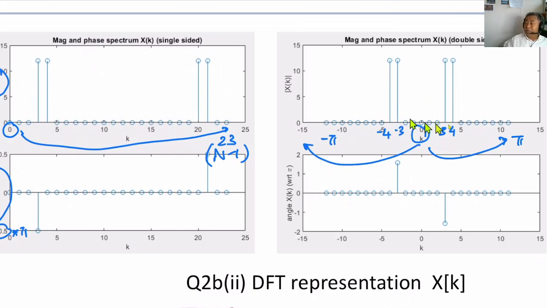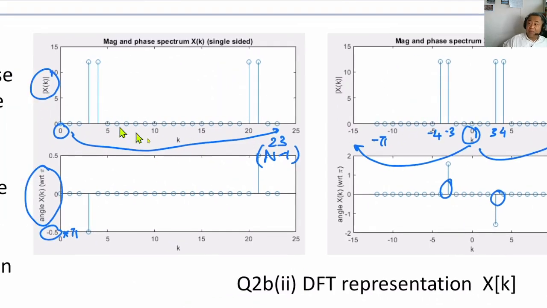So you realize that the double-sided spectra are typically what you see for Cks. So you have C3, C minus 3, C4, C minus 4. And then you can see that this is the place where we have the sine wave, because the phase is opposite of each other. It's a little bit more strange to see it in the single-sided spectra, but actually they are totally the same.